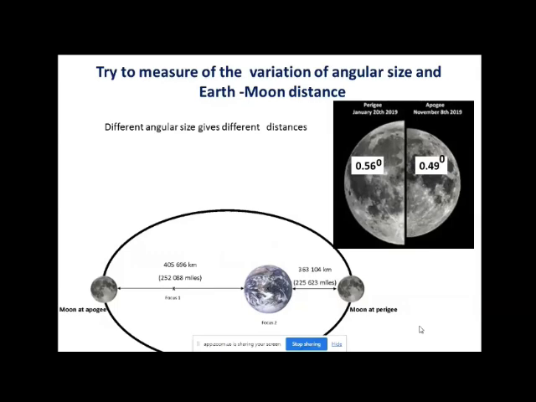At the closest position, this is 0.56 degree, and at apogee position, the angular size is 0.49 degree. So you can measure this angle also. Also, you can measure the distance at apogee and perigee. So this would be the second step of this first experiment.